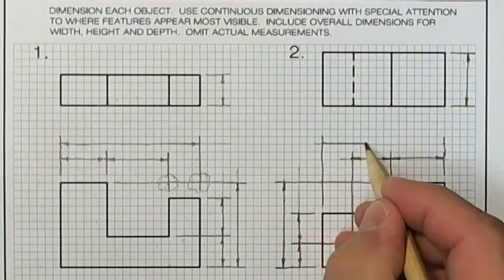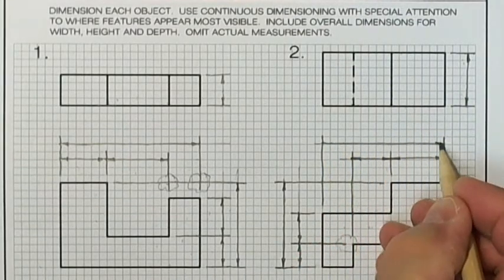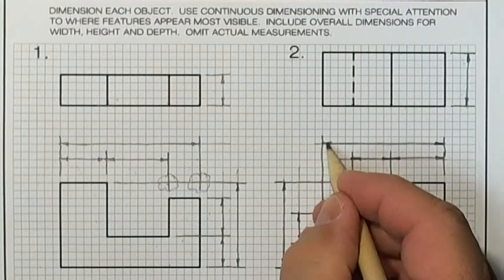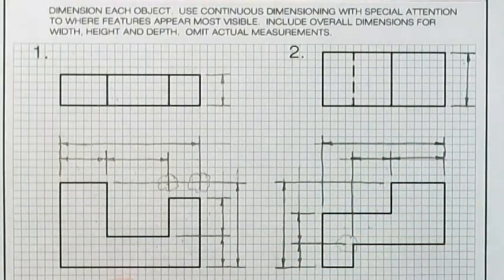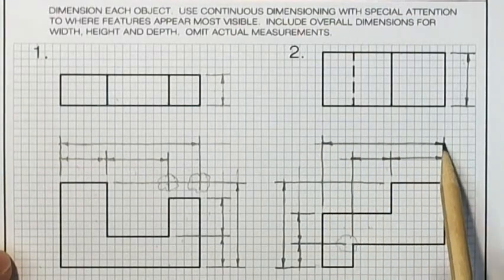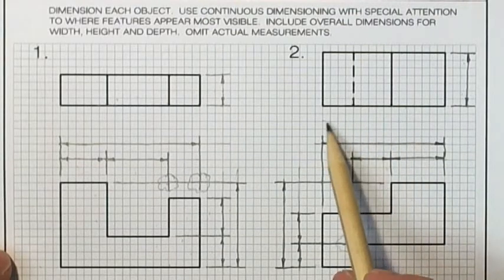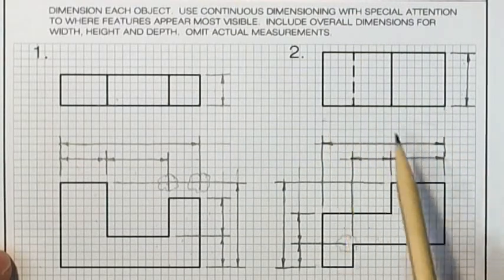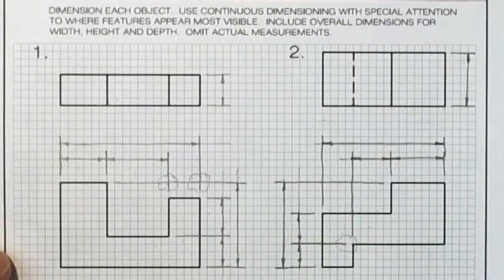And here's my overall width. And with that, problem 2 is complete. Once again, I could have taken the overall width and placed it up here on the top view. Either one would be correct.